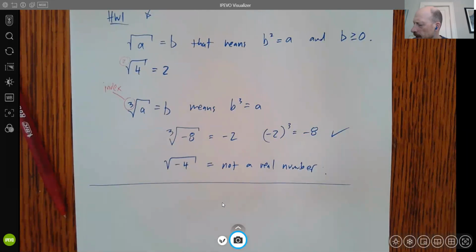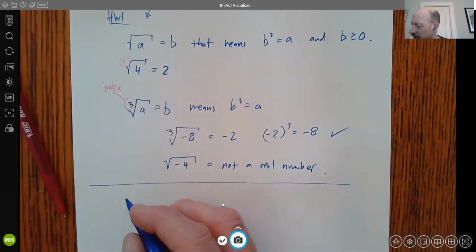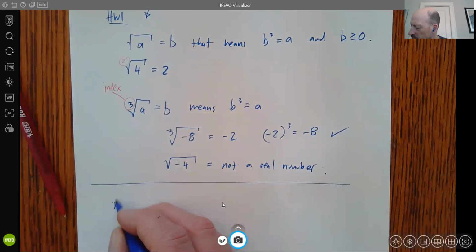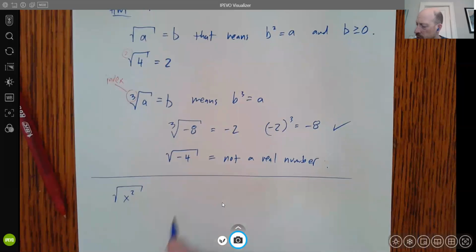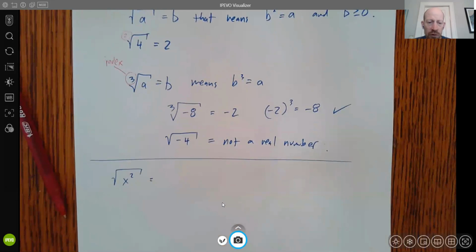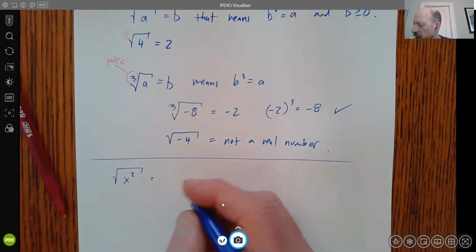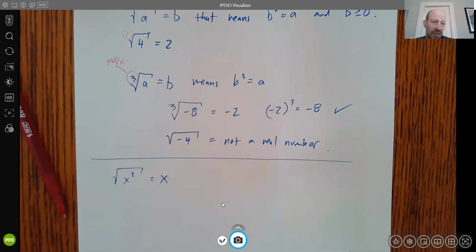Our other complication with the square roots and the positives and the negatives is if I try to take the square root of, say, x squared. Normally we would just be able to say that's x, the square root of x squared is x, because certainly if you square x, you get x squared.